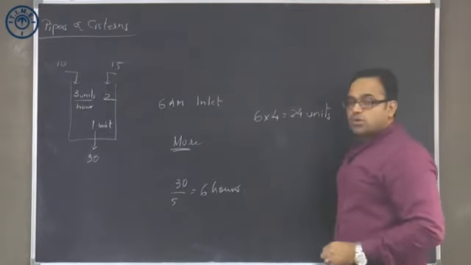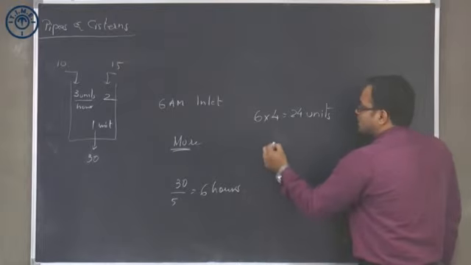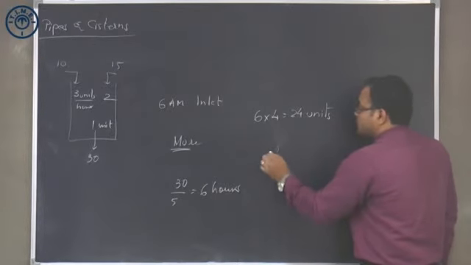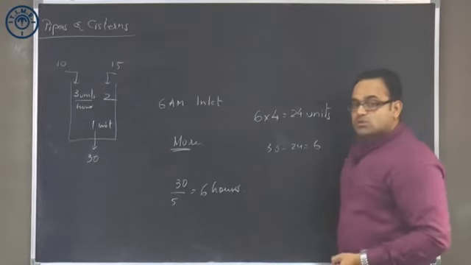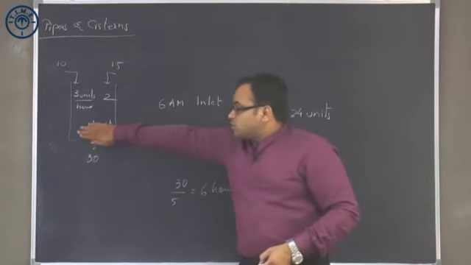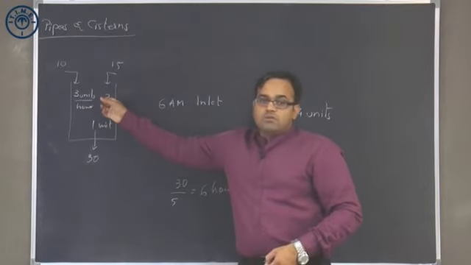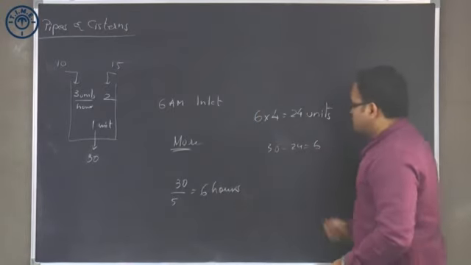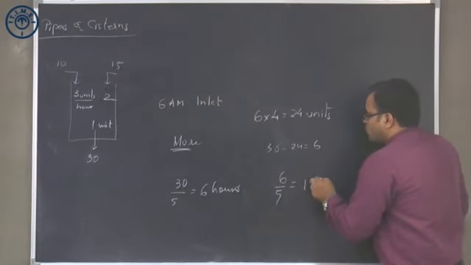Having filled 24 units, how much is remaining empty? 30 minus 24 equal to 6 units. For filling 6 units, how much time will I take? Now that the outlet has been closed, the effective filling rate is 3 plus 2, 5 units per hour. 5 units per hour, 6 units. Time required is 6 upon 5 equal to 1.2 hours.